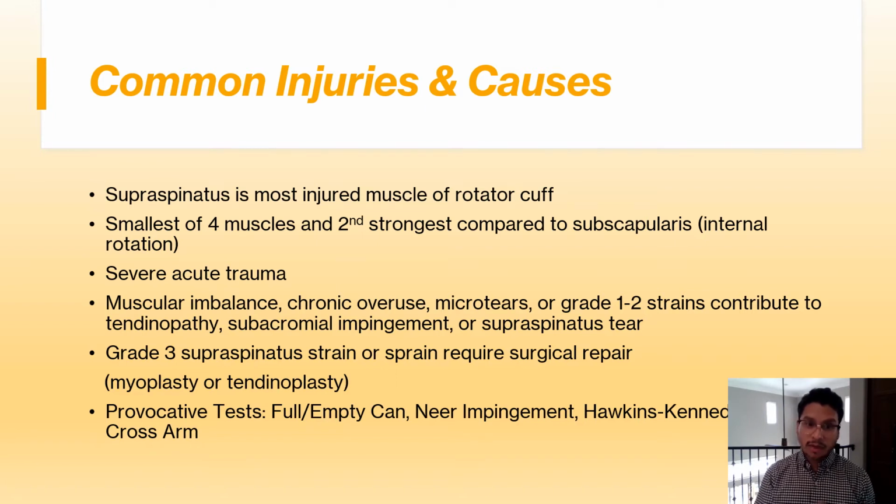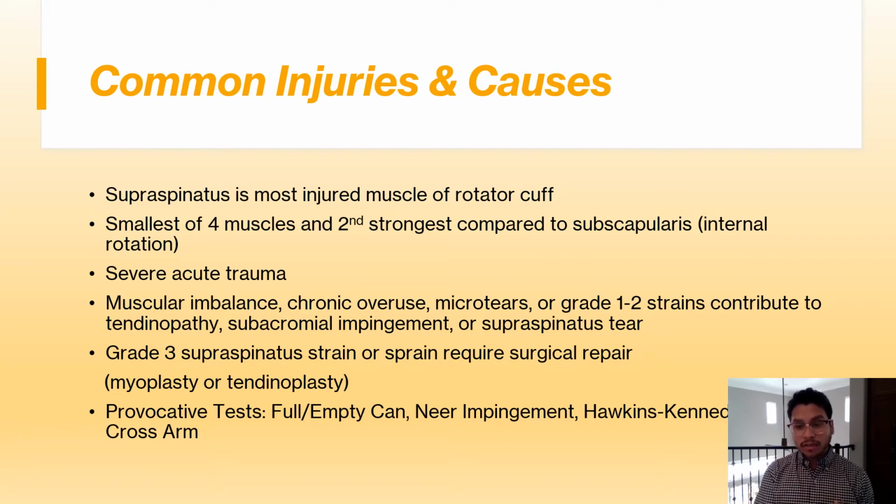Also common are injuries from athletic chronic overuse, the buildup of micro tears and inflammation, not allowing proper time to rest. Also grade 1 and grade 2 strains could happen from acute trauma or repetitive stress.